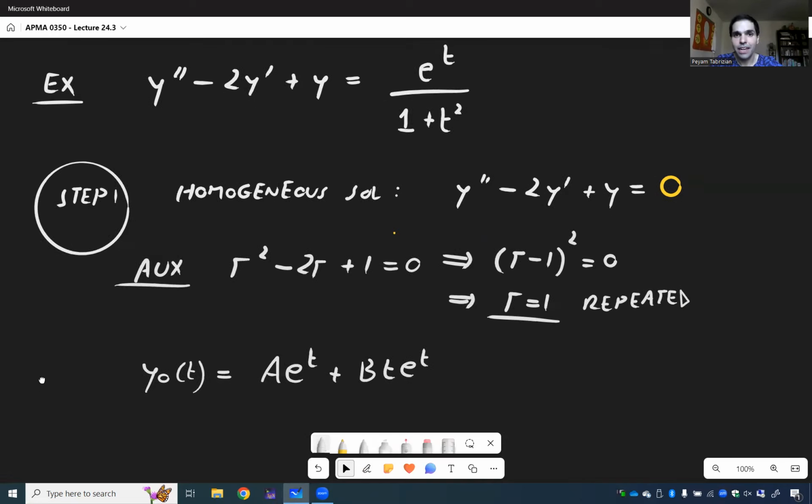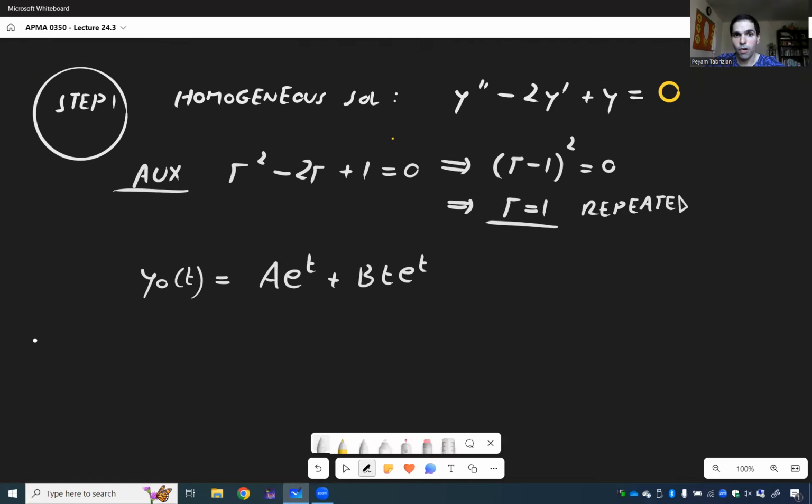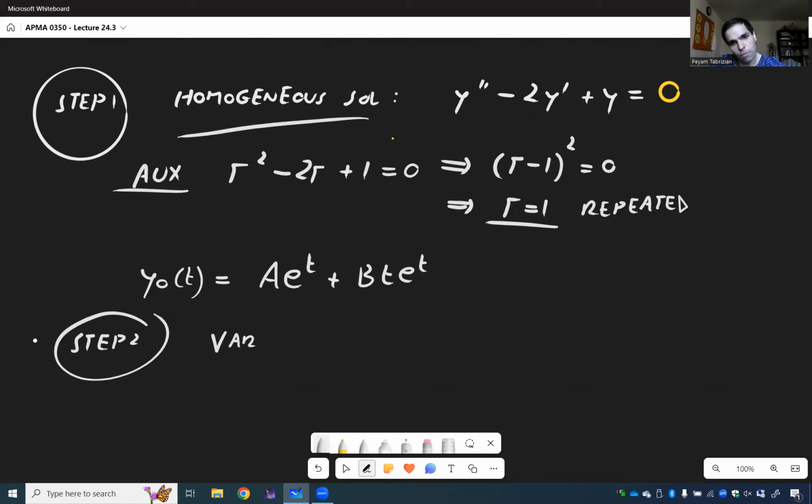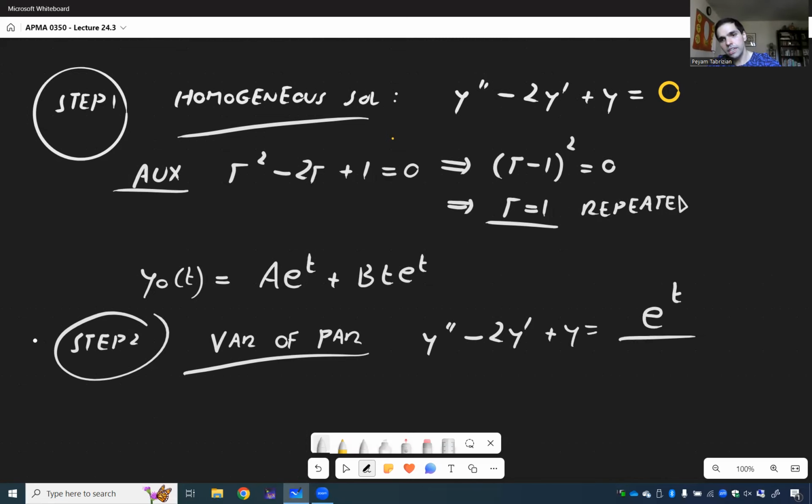Okay, and now we want to use var of par. Again, remember, we want to solve y double prime minus 2y prime plus y equals e to the t over 1 plus t squared.